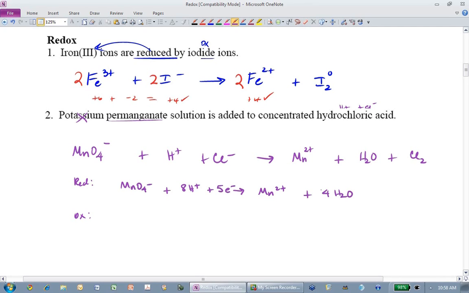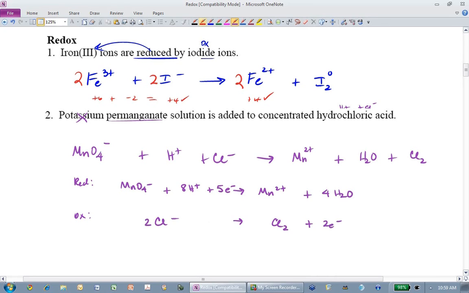All right, so the oxidation, this is an easy one. Cl- goes to Cl2. Obviously, I need 2 of those. What's the total charge on the left? Minus 2. What's the total charge then need to be on the right? Minus 2. So oxidation is loss of electrons. They come off as a product, and I need 2 of them.